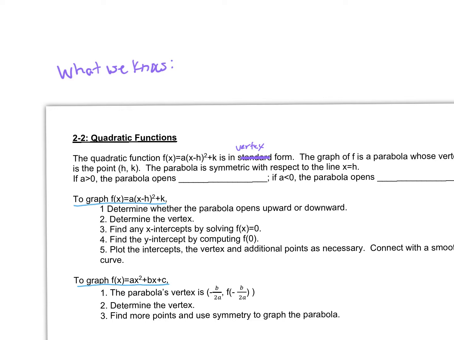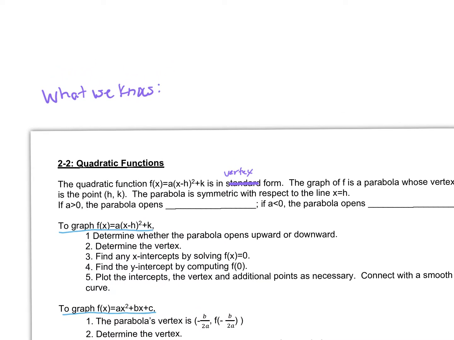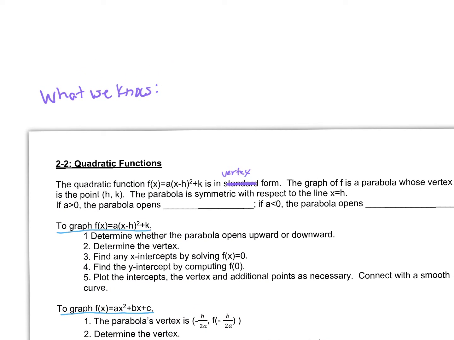But first, just some reminders of things that we know about quadratic functions and then their corresponding graphs, which we know are parabolas. So we know we're going to be graphing parabolas.